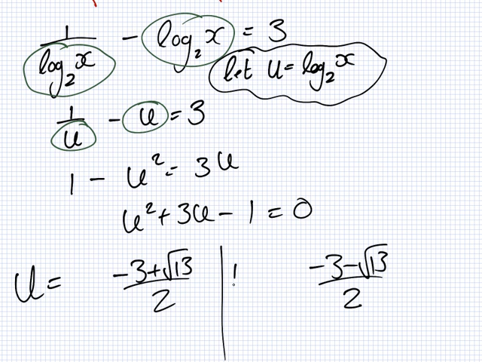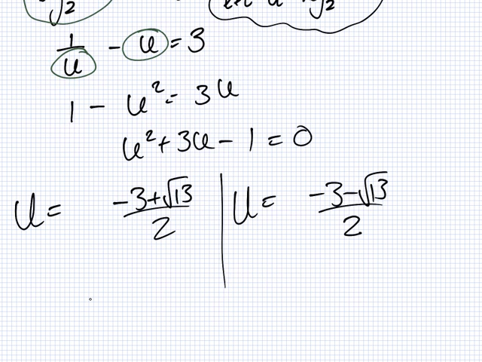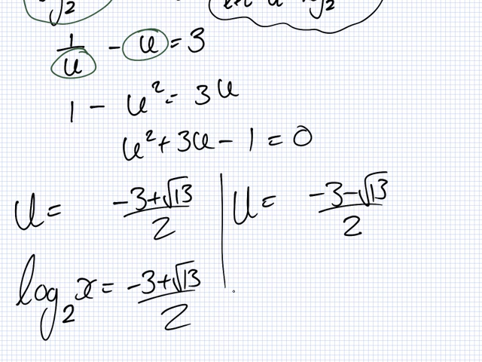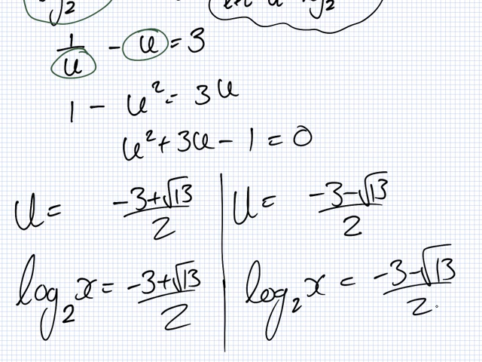Now remember, we're not looking for u, we're looking for x. So we have to replace the u with what it was earlier: log 2x equals minus 3 plus root 13 over 2, and log 2x equals minus 3 minus root 13 over 2.